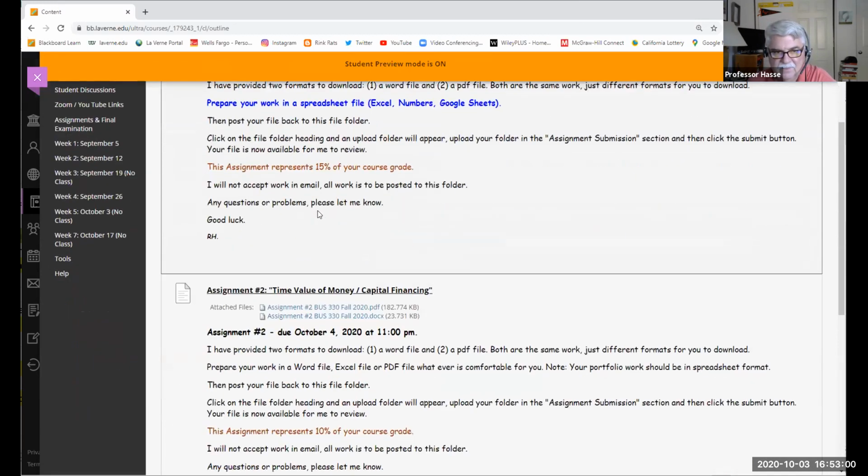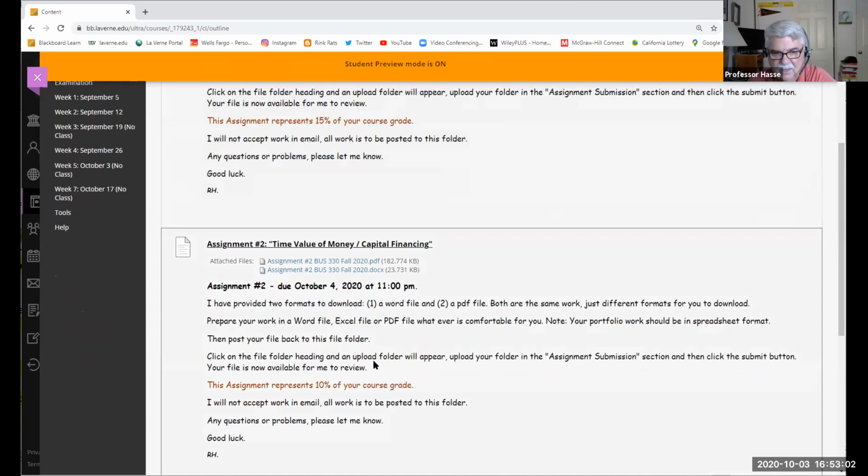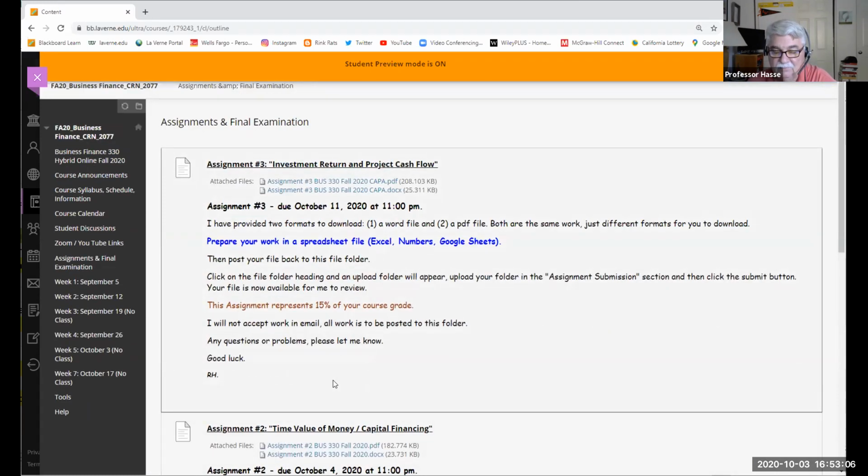Notice the weight of the assignment increases. Assignments 1 and 2 were 10%. Assignments 3 and 4 will be 15%. Note that. Also note assignment 3 is to be done in a spreadsheet. Either Excel, Mac numbers or Apple numbers, or Google Sheets.